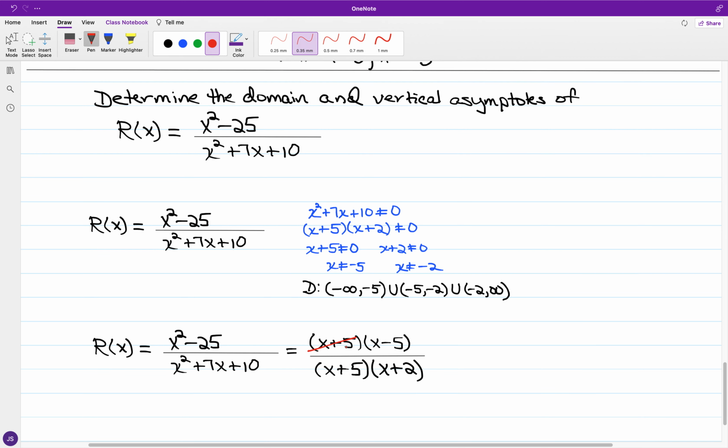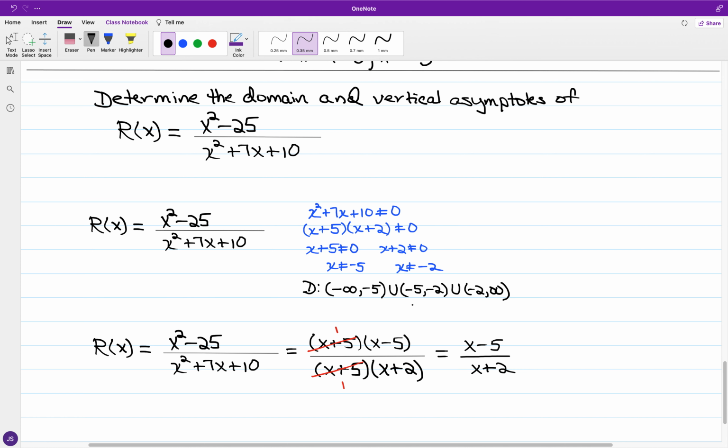And here we're going to have x plus 5 to cancel. And for the completely simplified form, we'll go out to x minus 5 all over x plus 2.